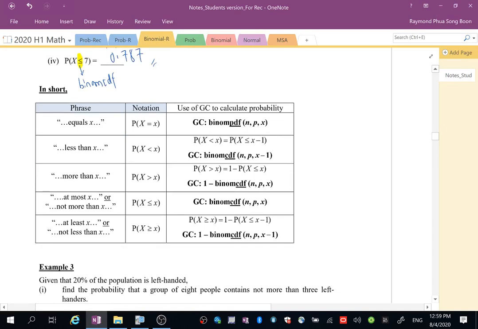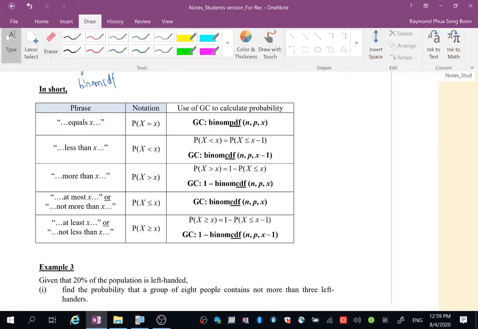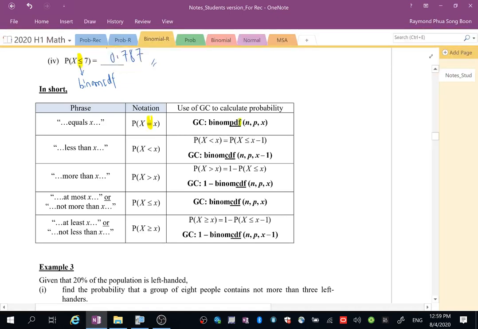If we are finding probability x equals to x, then we'll use binom PDF. That is, if random variable x follows a binomial distribution with these two parameters n and p, then here it will be binom PDF x.